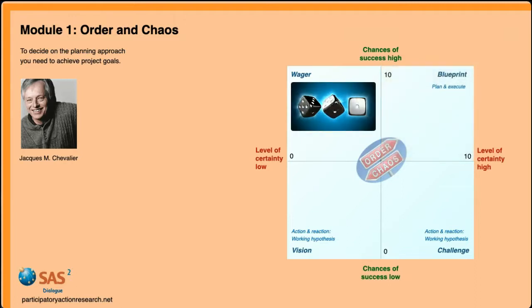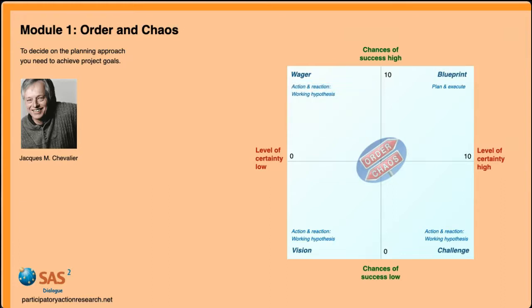Any plan made in the top left quadrant is like a wager, an optimistic view of what can be expected, but with limited knowledge of the conditions and factors that may help or hinder progress.